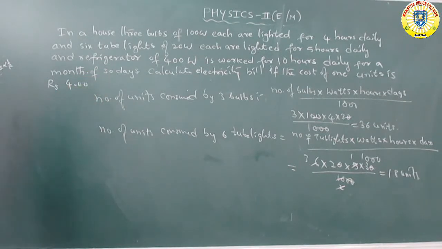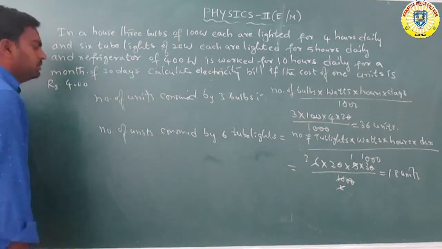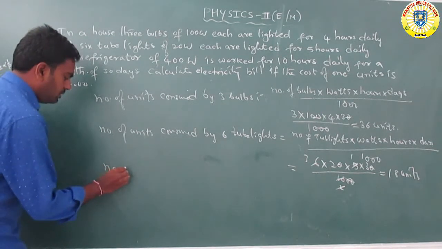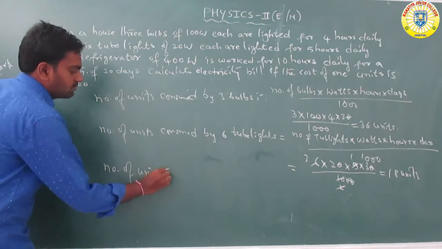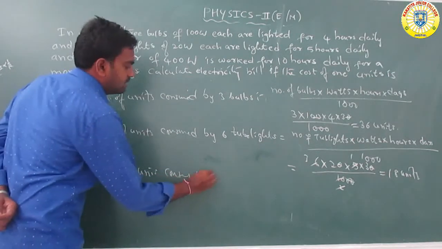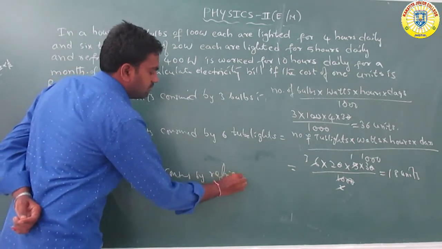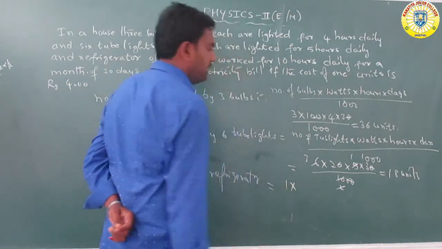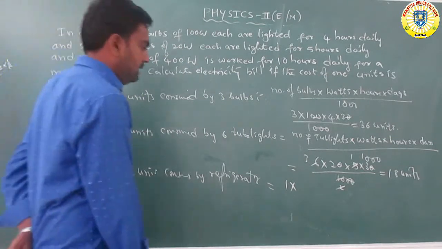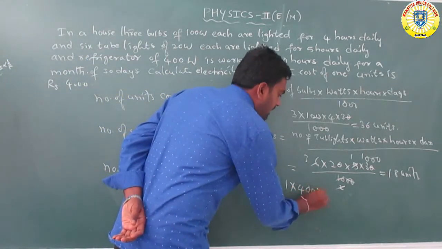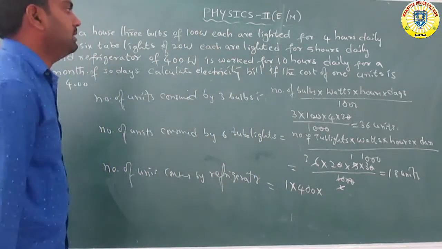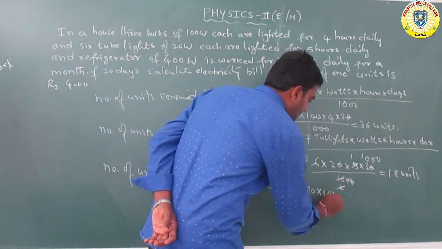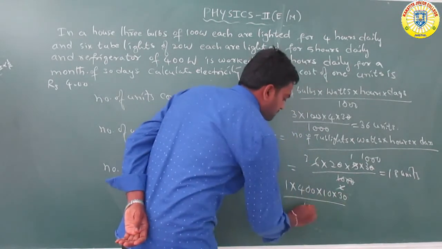So the number of units consumed by the refrigerator is number of refrigerators 1, into 400 watts, into 10 hours daily, into 30 days, divided by 1000.